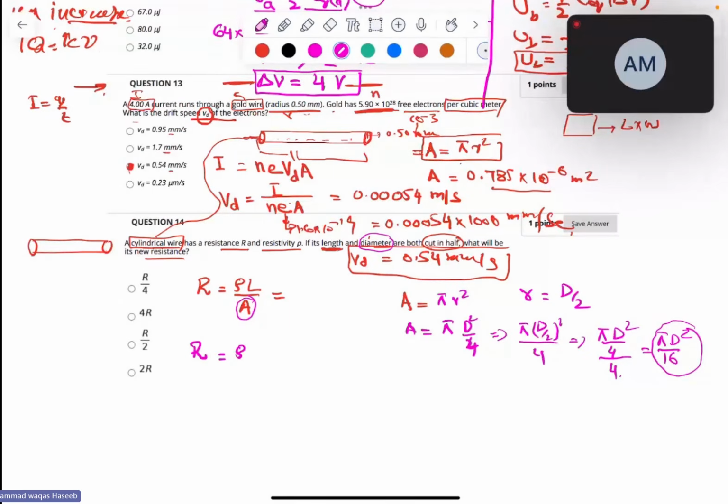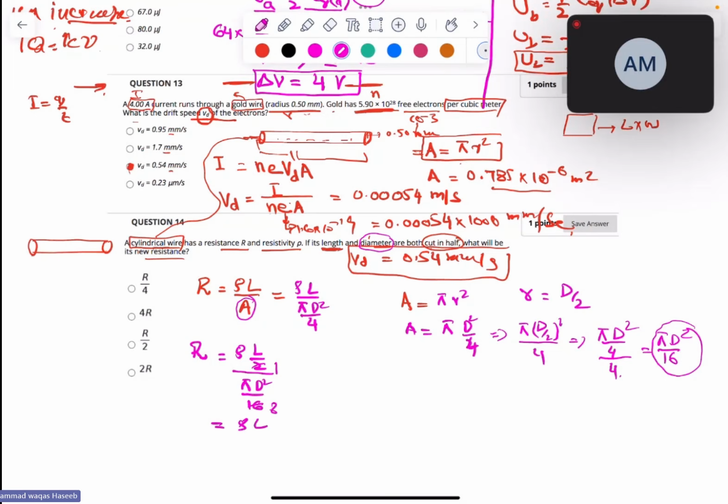Now resistance is rho, and L is also going to be half, and the area is pi d square by 16. Okay. So if we write, this formula is rho L over pi d square by 4. So this 2 and this 8.